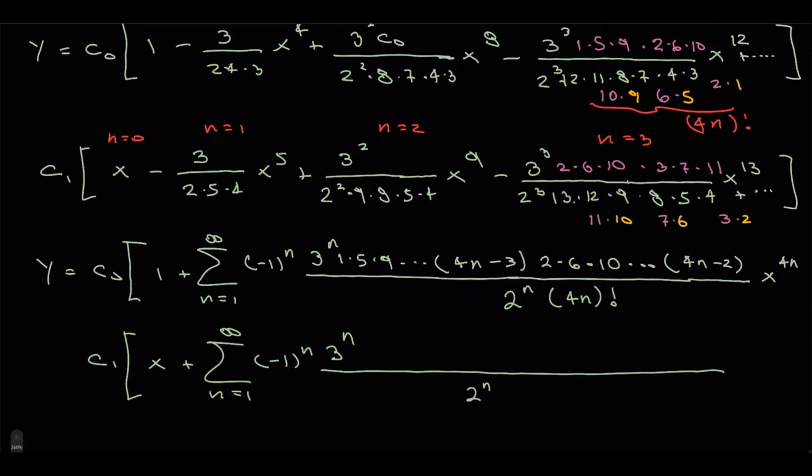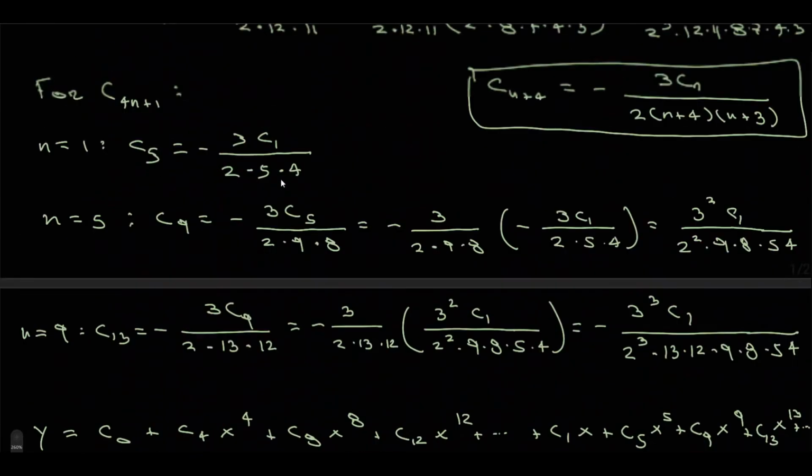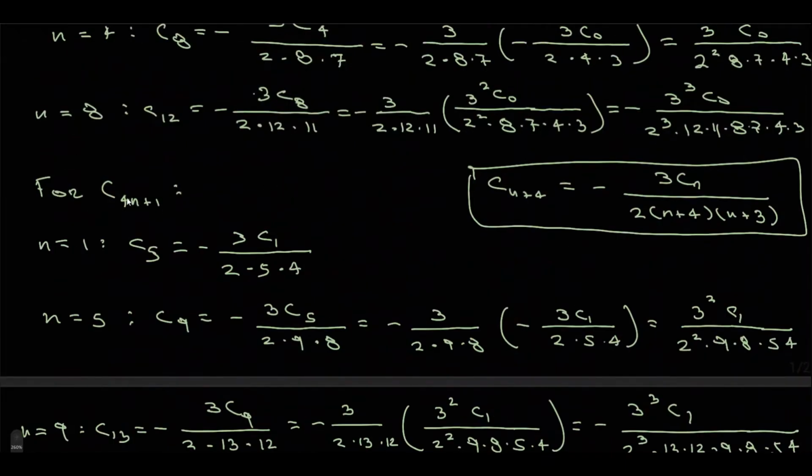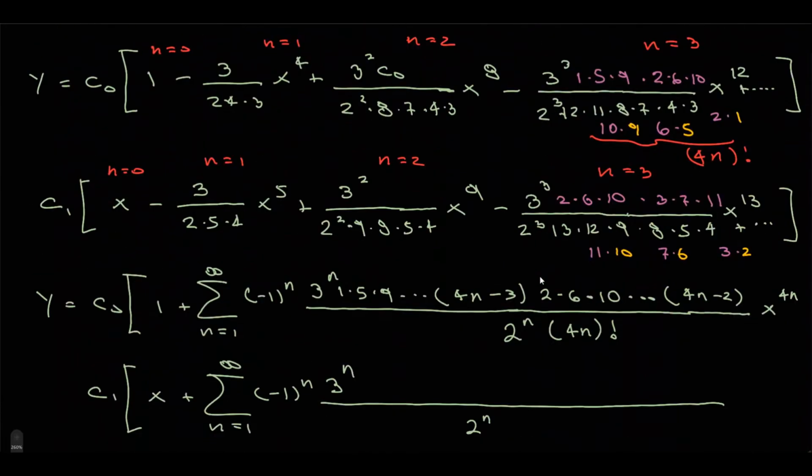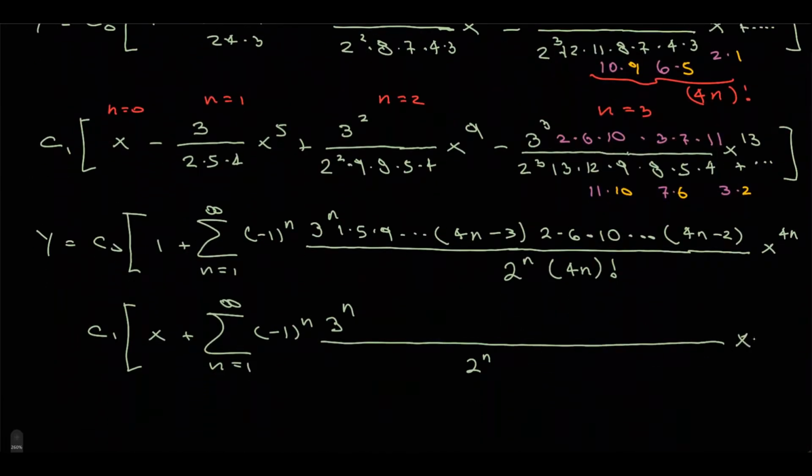That's a 13 factorial, which coincides with the 13 power. Because these powers differ by 4 units, in this case, we discussed that we were generating the coefficients for c sub 4n plus 1. Those are the same powers as well. So that's going to be 4n plus 1, same 4n plus 1 factorial.